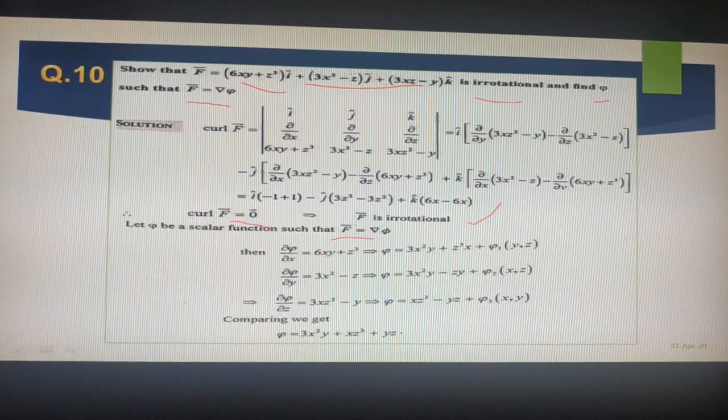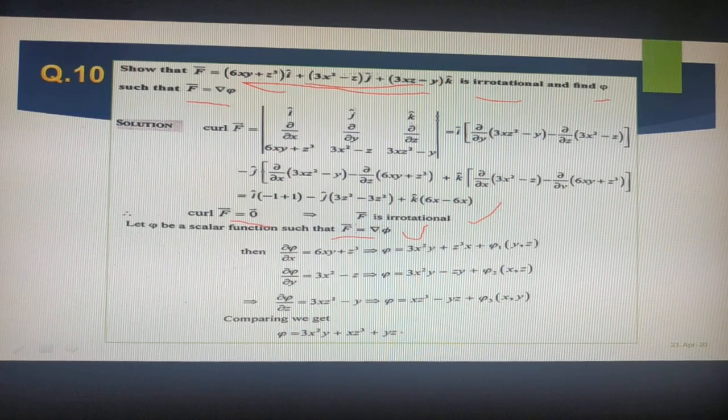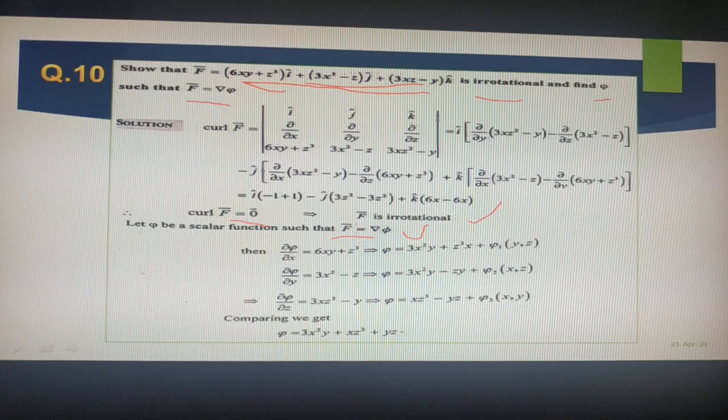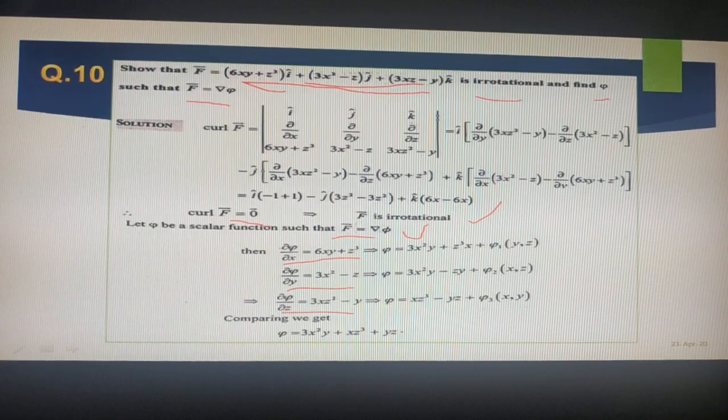After that, because it is irrotational, we can take the result f bar is equal to del pi. On one side f bar is this vector field, and on the other side del pi is i dou pi by dou x plus j dou pi by dou y plus k dou pi by dou z. So we will compare both sides, we will get these three, and we will integrate these three components with respect to x, y and z respectively. We will get these terms.